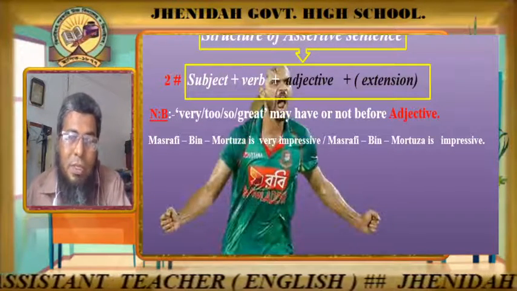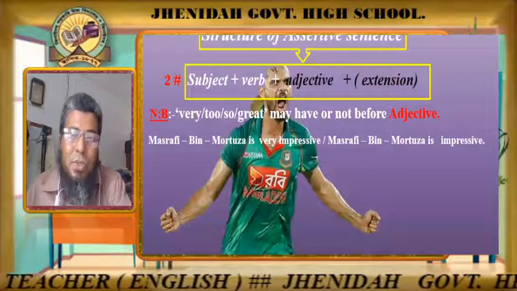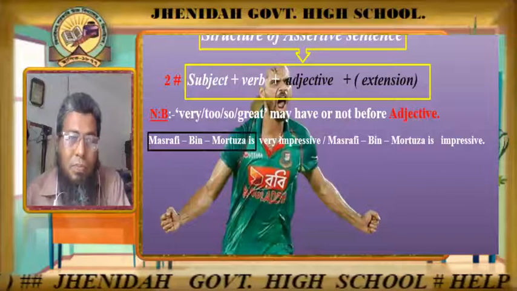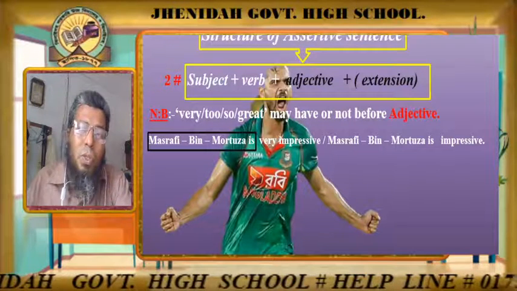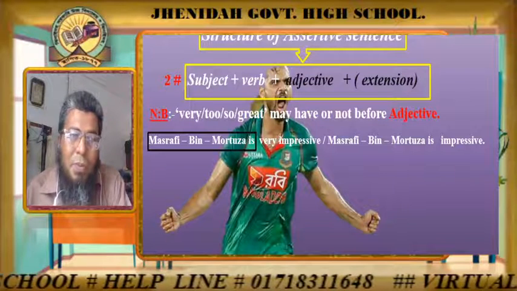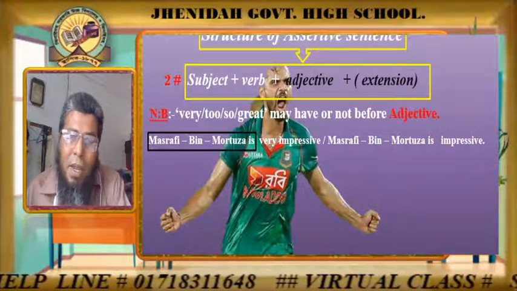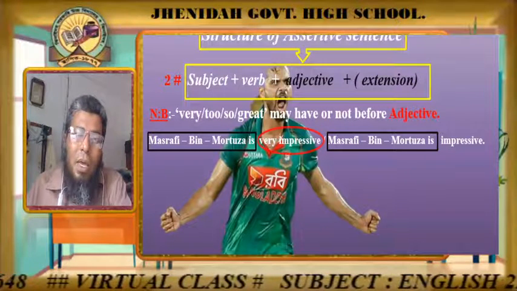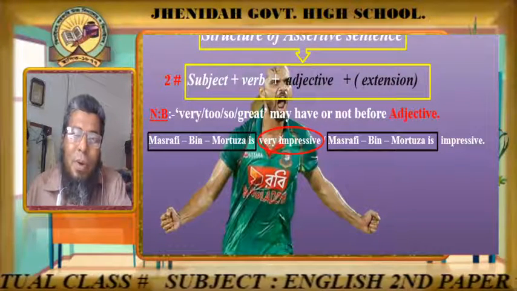So how can we change this assertive sentence into exclamatory? Look, here we can also divide the sentence into two portions. The first portion is subject plus verb, and the second portion is adjective plus extension.